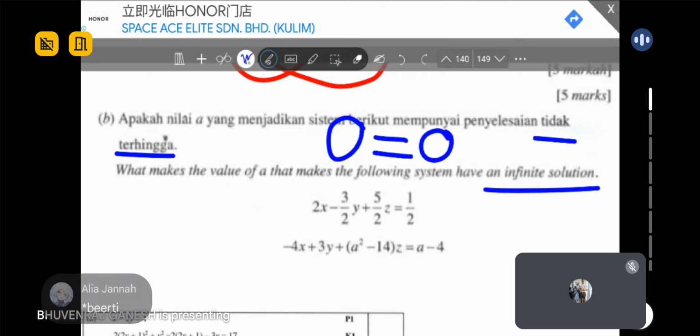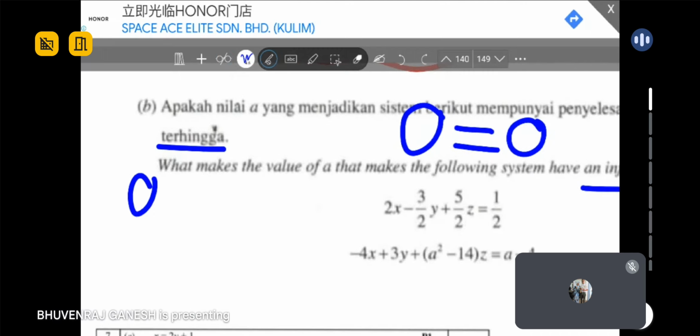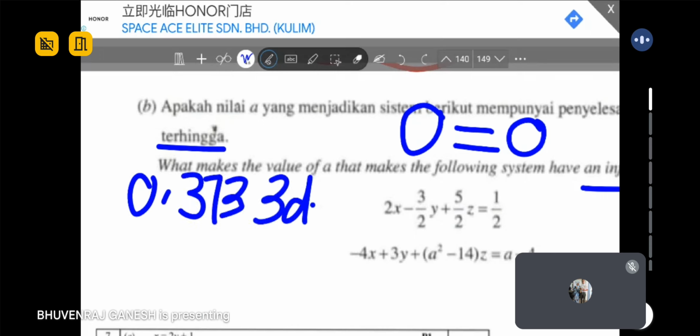What's the difference between 3dp and 4 angka berarti? Depends. Bergantung. Okay, let's say you have 0.373. This one is 3dp and 3 angka berarti, 3 SF.